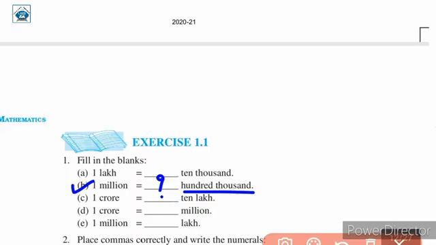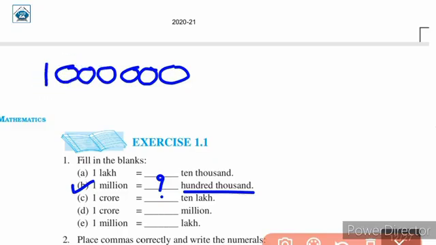You know that ones, tens, hundreds, 1000, 10,000, 100,000 and then comes 1 million. This is according to the International System of Numeration. This is how we write it, 1 followed by 6 zeros.